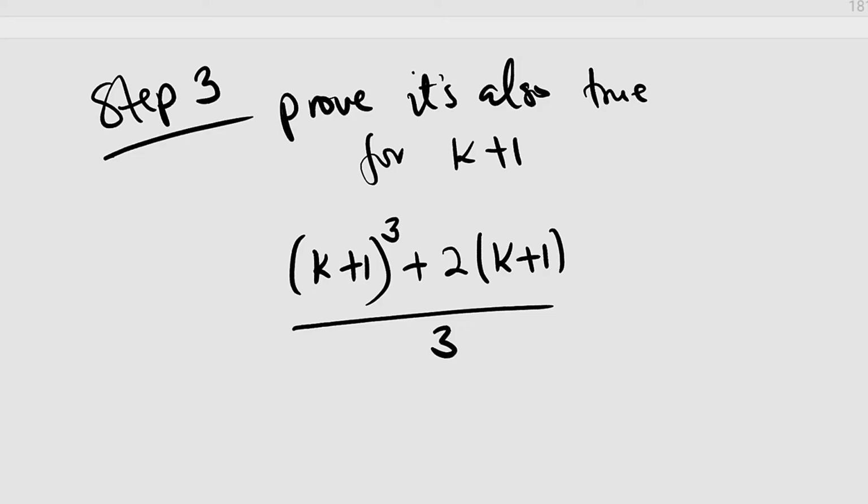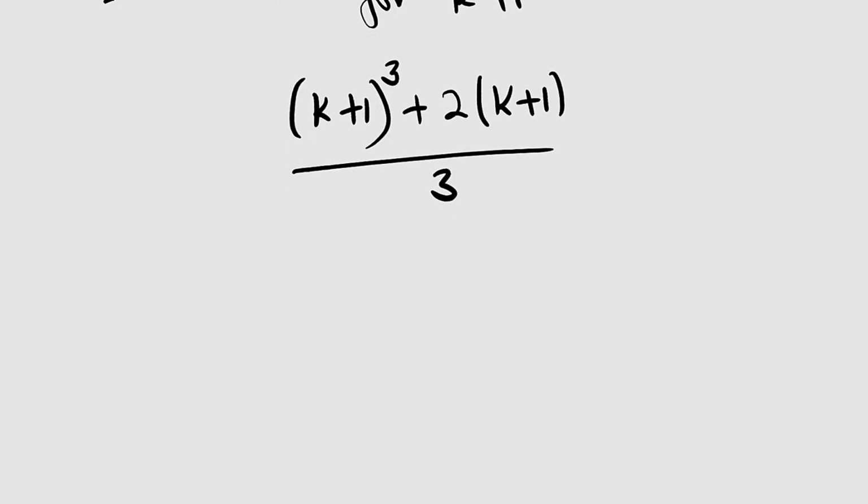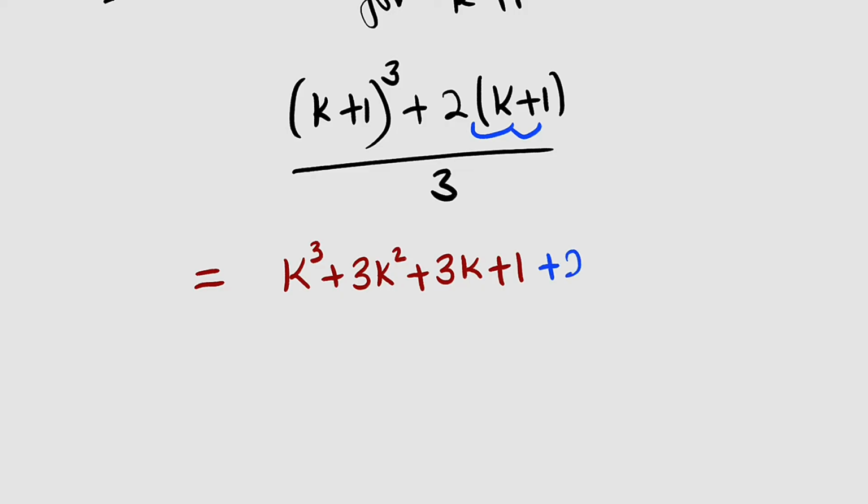If you expand k plus 1 to the third power, you obtain k to the third power plus 3k squared plus 3k plus 1. This is the expansion of k plus 1 to the third power. Then if you distribute 2 over this, you obtain 2k plus 2.